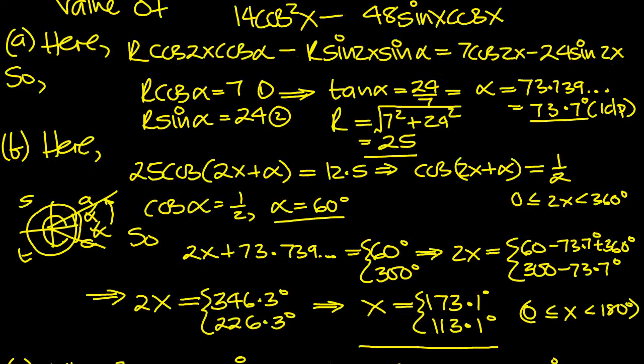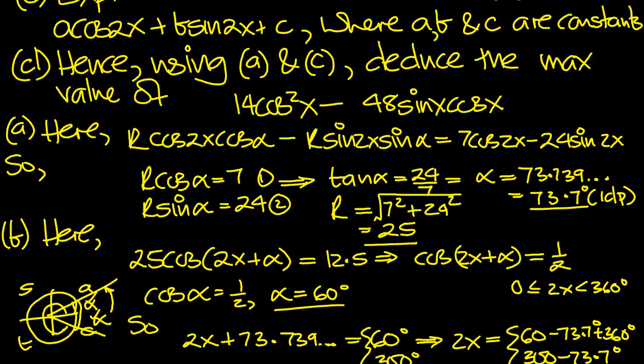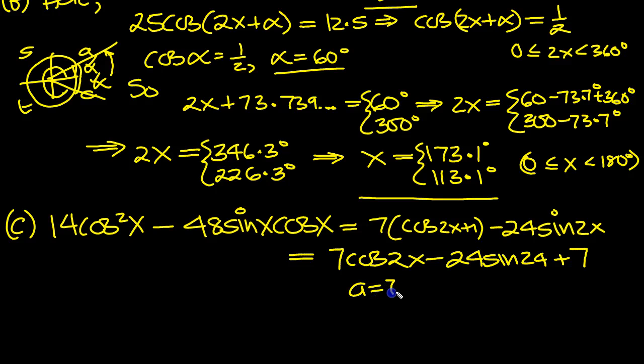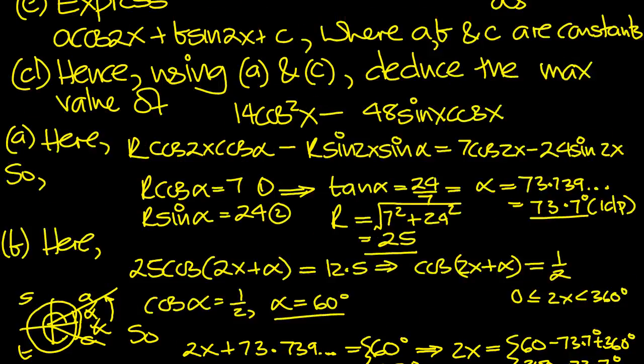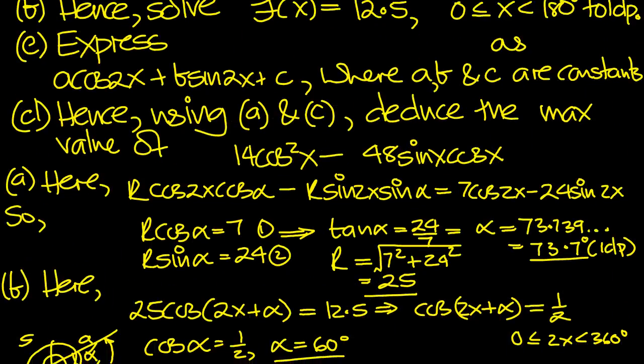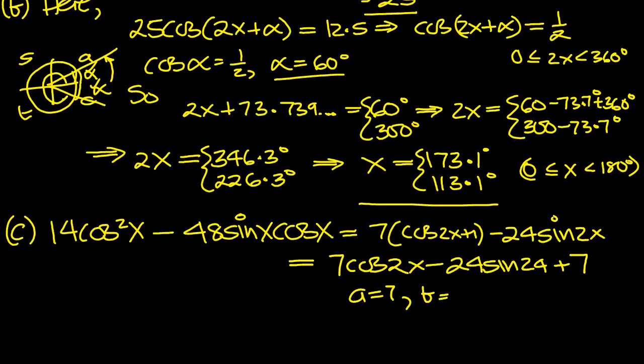So we've got our A, B and C: A is 7, B is minus 24 and C is 7.